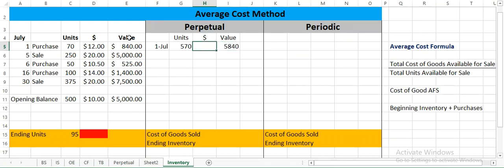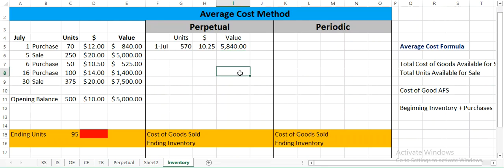And so to calculate the dollar value in the middle, we need to take equals to the 5,840, which is the cost, divided by the total units available for sale, the 570. And that gives us $10.25 equals to this value of 5,840.